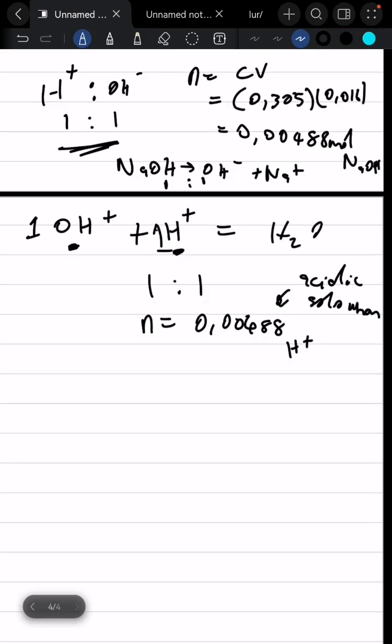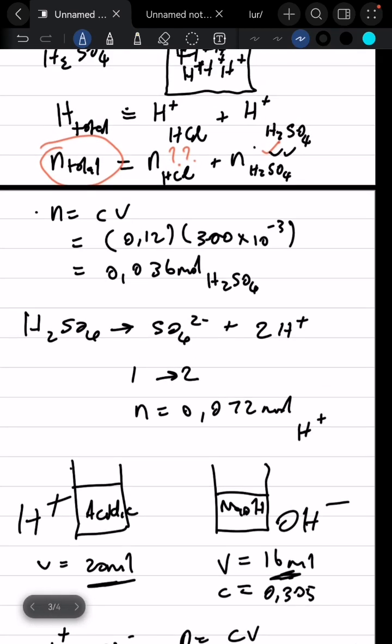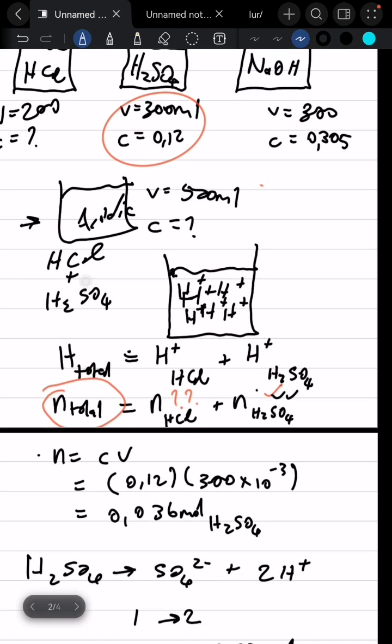But you need to take into consideration that this volume of 16 milliliters was able to completely neutralize the volume of 20 milliliters. In total, in this acidic solution, how many milliliters are there? We said earlier 500 mils, because it combined HCl and H2SO4.